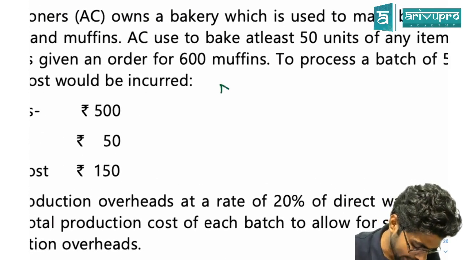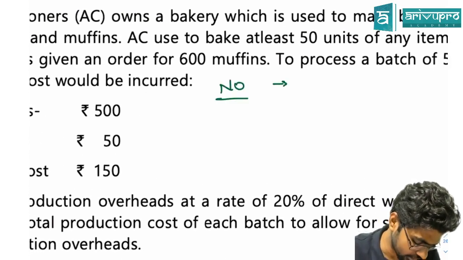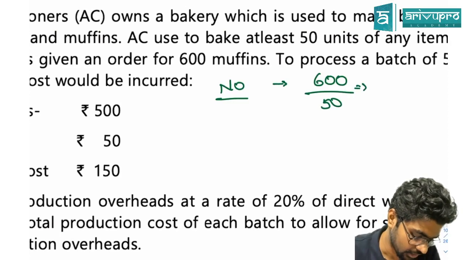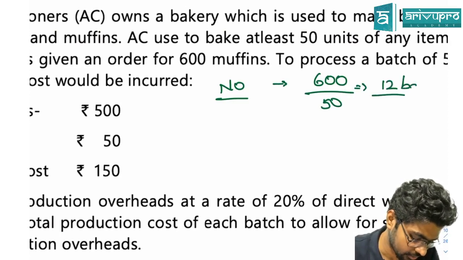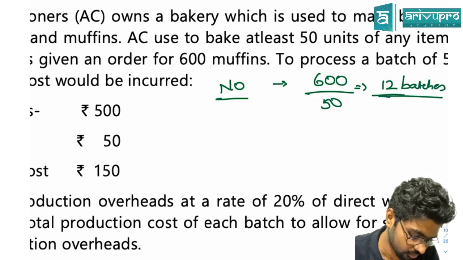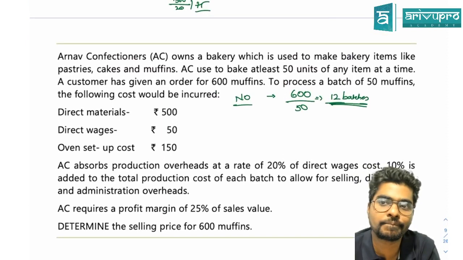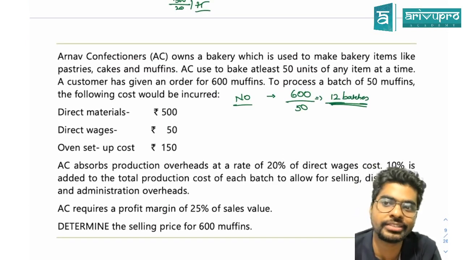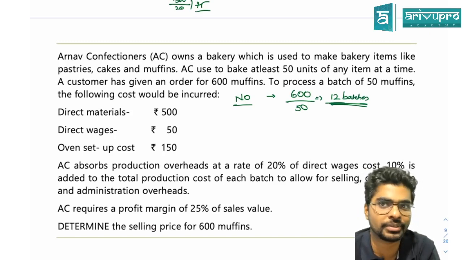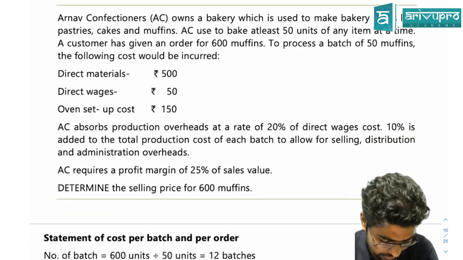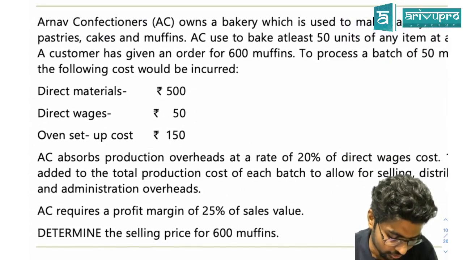So the number of batches I'll be producing: 600 muffins, each batch is 50, so I'll make 12 batches. Everyone understood this? 1 mark done. So easy to get 1 mark when you know the concept. Done? Now next part of the question.